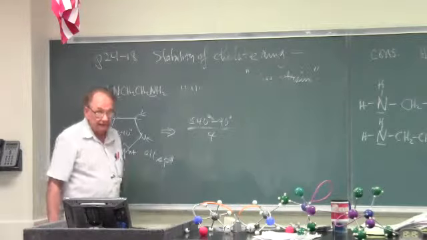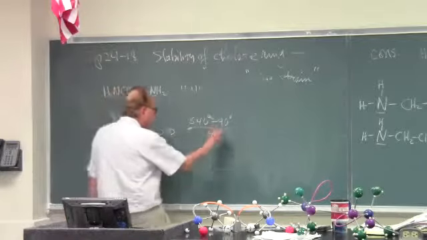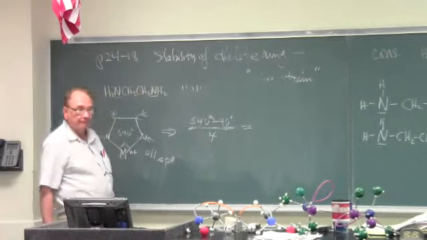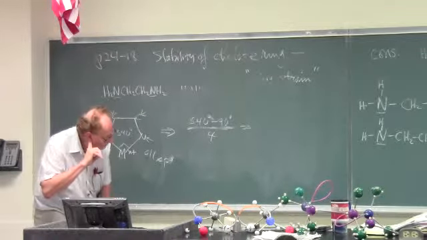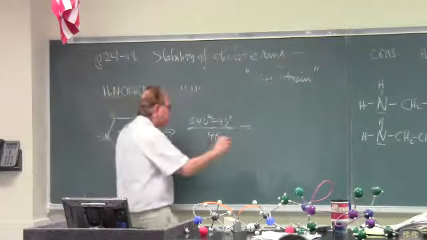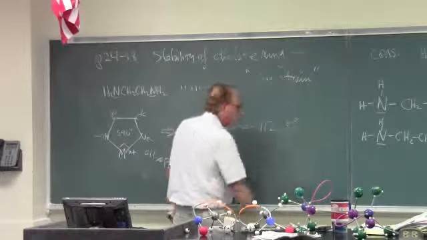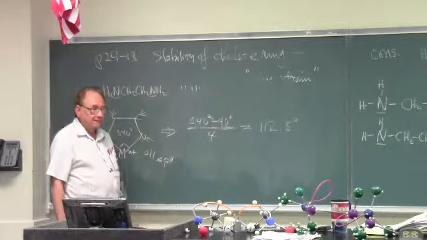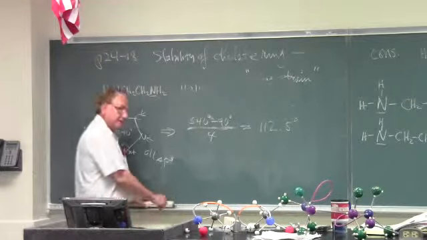Watch out, there's a really tough arithmetic here. What's this equal? I'm listening. 112 and a half. Now that's pretty close to 109 degrees, isn't it? But, is this ring planar?